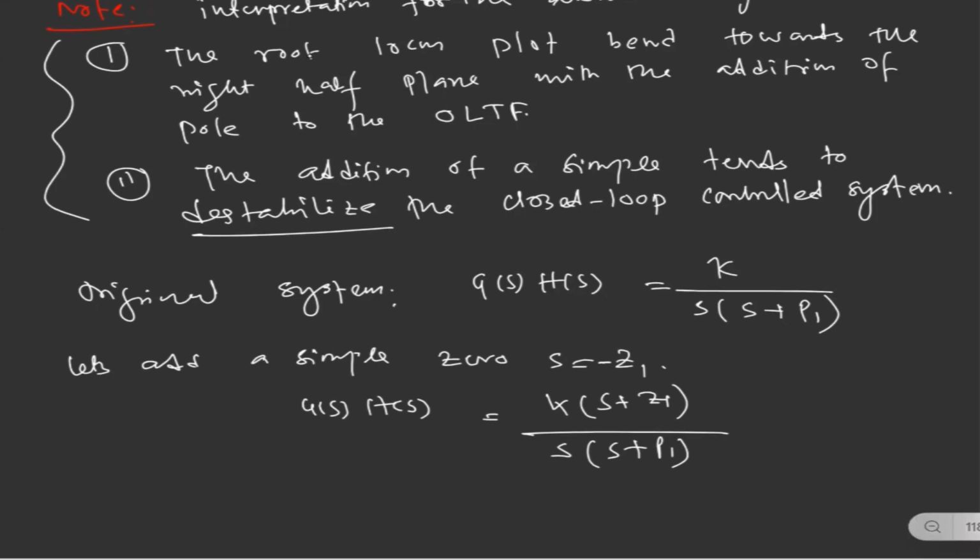And if you locate these poles and zeros in the S plane, here we have another pole, let's consider s equal to minus P1, and we are adding a zero here, s equal to minus Z1. And if you notice, there will be a breakaway between these two poles, and a break-in will happen here.